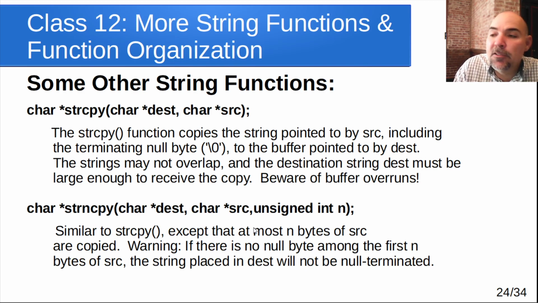Another difference you might notice when you look at these is this unsigned int that I have here might say size_t. That size_t is something that's defined for us. It allows for cross-platform compatibility for different systems, and that's basically the type associated with the size of that.